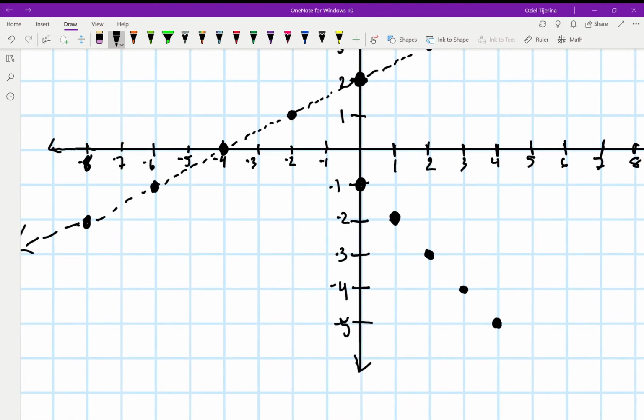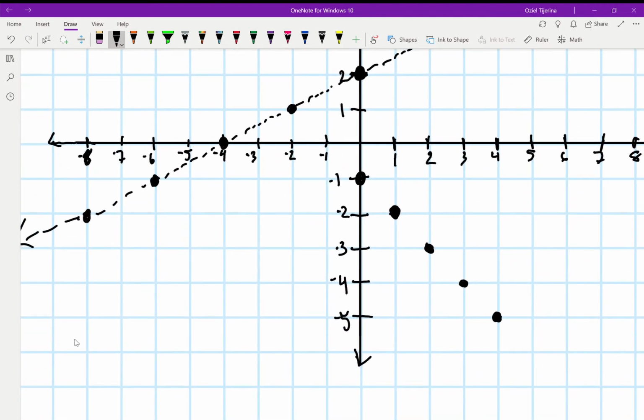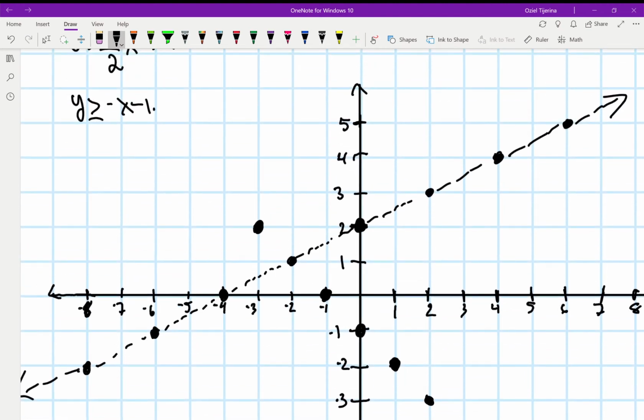And then up 1, left 1, okay? Up 1, left 1, up 1, left 1, and so on.